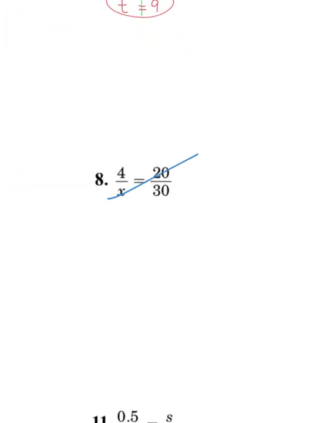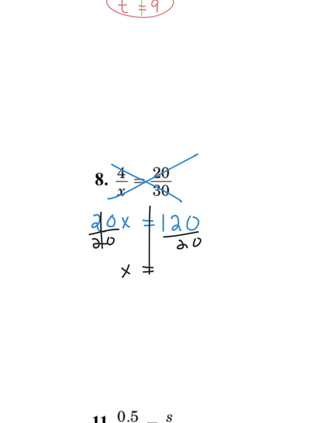Find my variable, x and 20. That's going to be 20x equals 4 times 30, 120. Divide by 20, x equals 6.